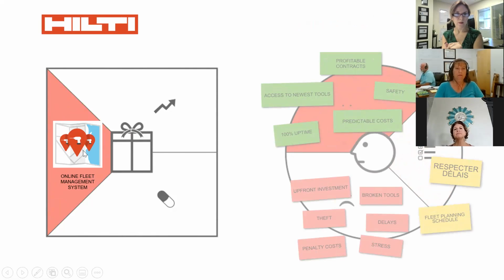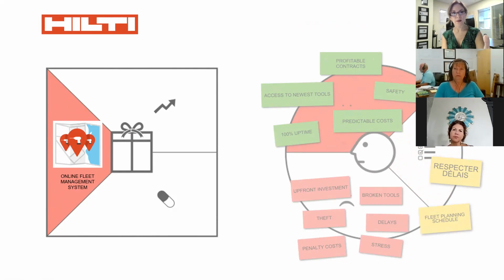And then when they analyzed all of that, they decided to come out with the idea that they will become an online fleet management system. So instead of being just a product-centric company, they decided to become an online fleet management system. Remember when we talked about the subscription model and how to make money while you sleep?